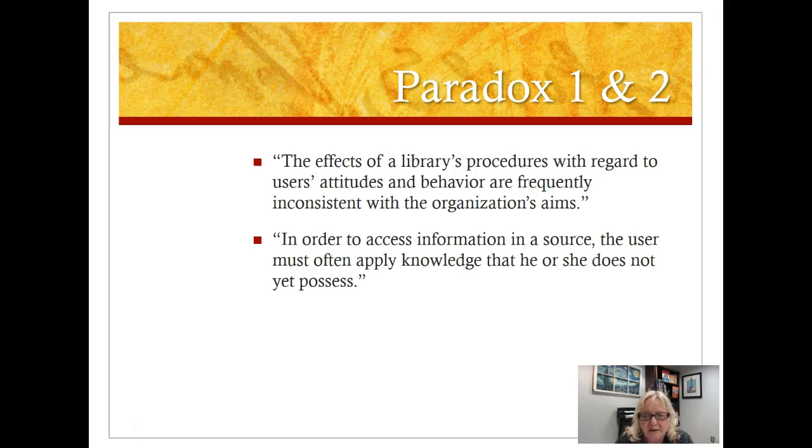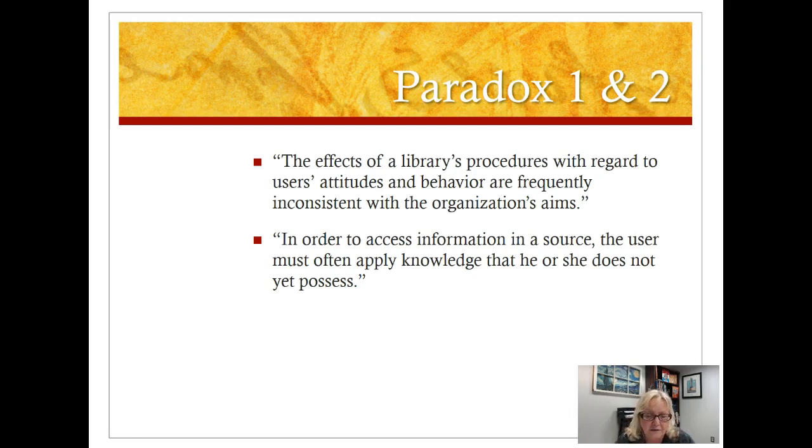His second paradox is that in order to access information as a source, the user must often apply knowledge that he or she does not yet possess. And this knowledge could be domain knowledge and vocabulary. If you think about what we said last week, sometimes you don't know where to start a search because you don't know the vocabulary that's used in that particular subject area.